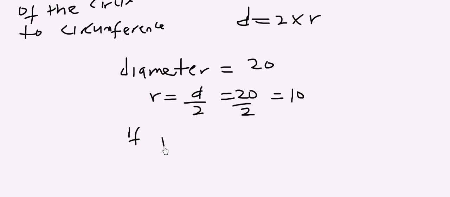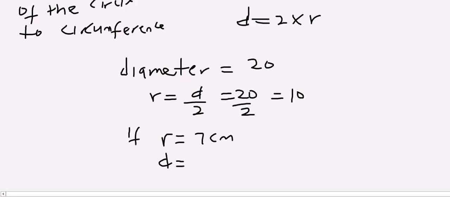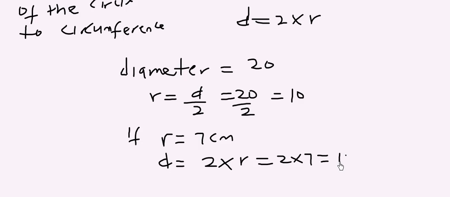If radius is equal to 7 cm, then diameter is equal to 2 times the radius, which is 2 times 7. That gives me 14 cm. So we must take note of the fact that diameter is equal to 2 times the radius, and radius is equal to diameter over 2.